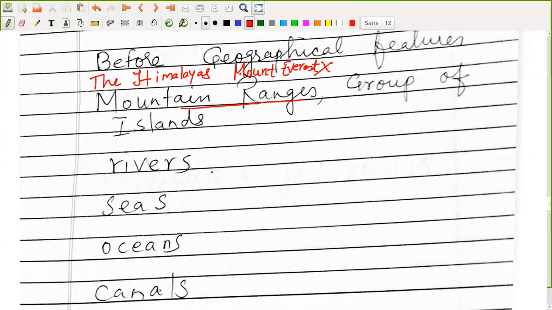Then group of islands. Can you give an example where the is used before group of islands? The Andaman and Nicobar Islands. Then before names of rivers, give examples. The Ganga, the Krishna.